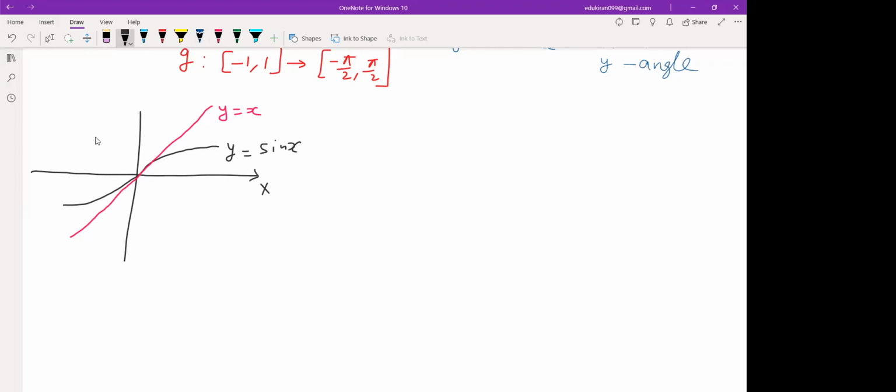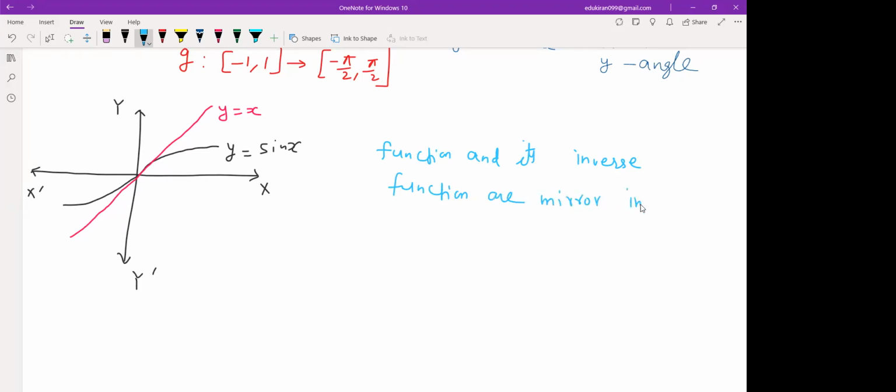When you draw the graph of sine inverse x, the graph would be the mirror image of the function and its inverse function, about the line y equal to x.